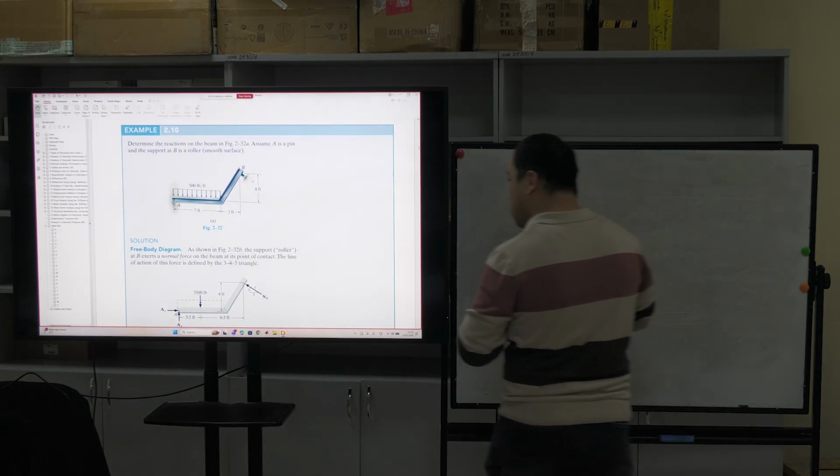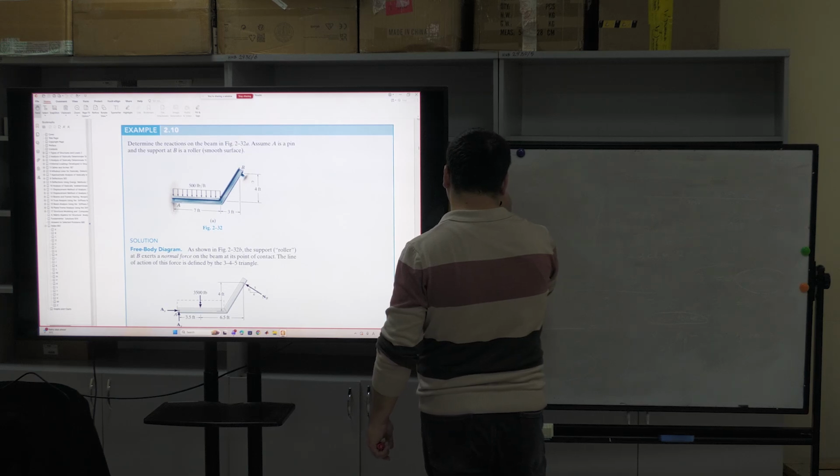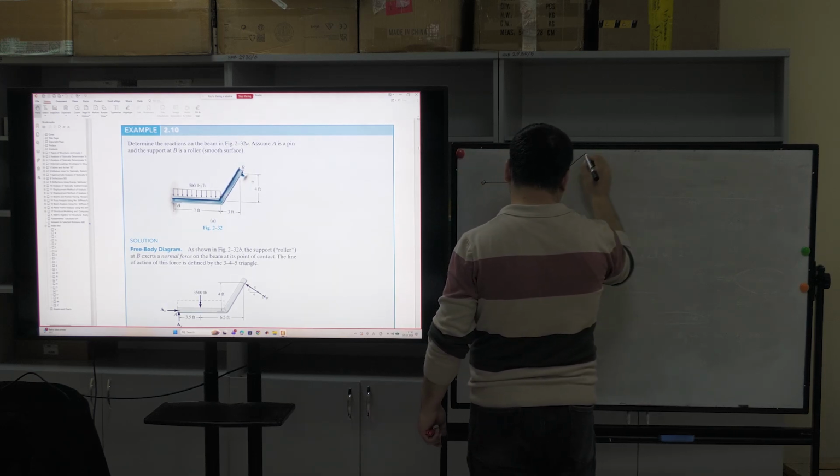Okay, let's try to solve this problem. We have a hinge, and we have it like this.